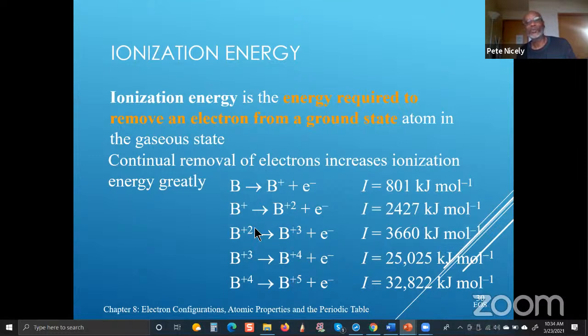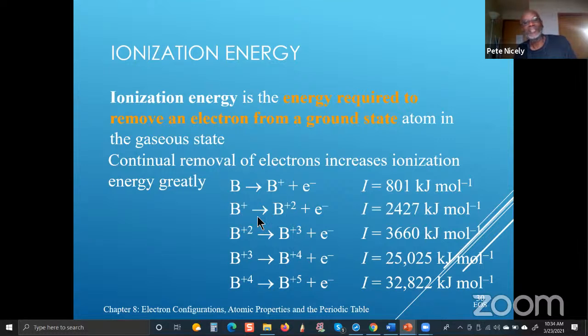And we can understand the reason why this happens, because it requires a certain amount of energy to remove the first electron, all right? Because of course, the nucleus will have a hold on the electron, so energy is required to remove the first electron. So you end up with an ion, a cation, which has a positive charge, and removing the next electron from something with a positive charge requires even more energy, right?